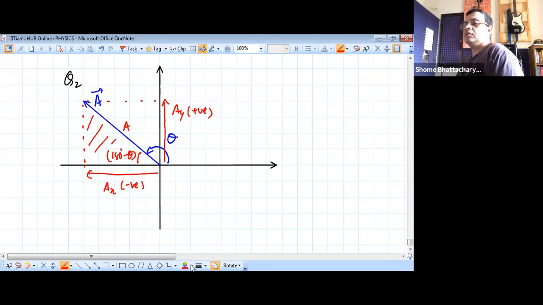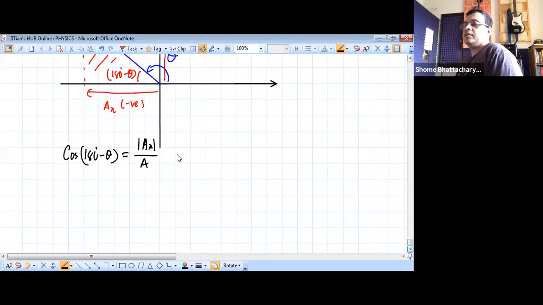इसमें क्या हो रहा है that cos of this angle, cos of 180 minus theta should be equal to the base. Now base कितना हो जाएगा? Mod of ax, because ax is a negative quantity. So the length of the base will be how much? Mod of ax upon the magnitude of the vector.